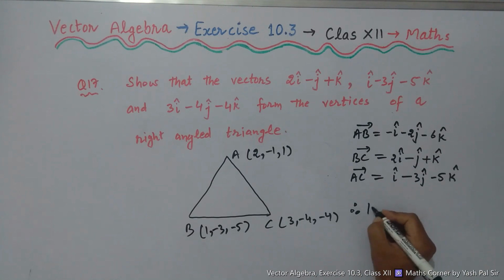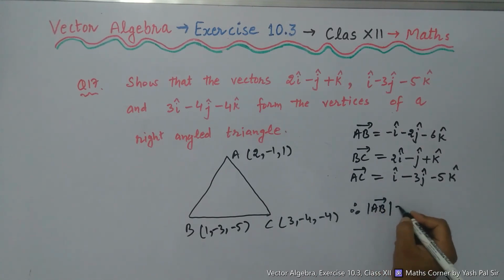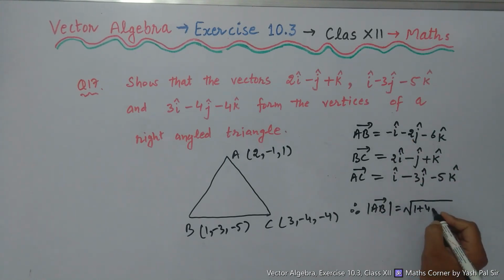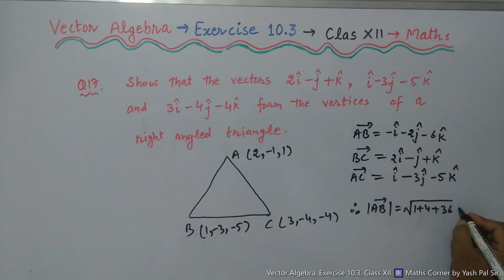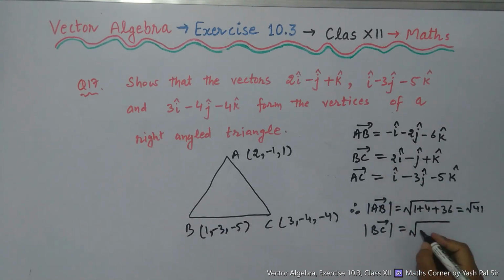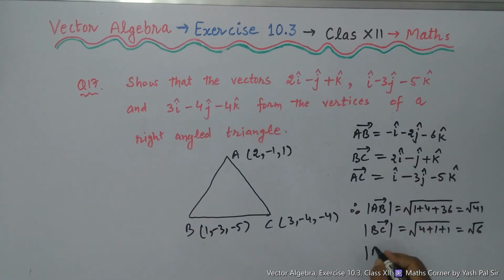Therefore, magnitude of vector AB is equal to square root of 1 plus 4 plus 36, square root of 41. Similarly, magnitude of BC is equal to square root of 4 plus 1 plus 1, which is equal to square root 6. Last, magnitude of AC is equal to square root of 1 plus 9 plus 25.